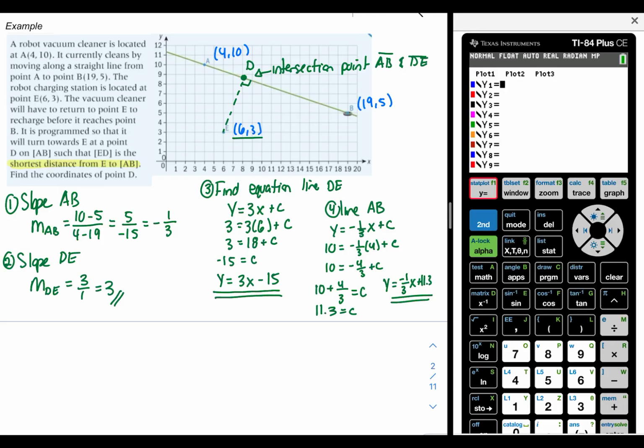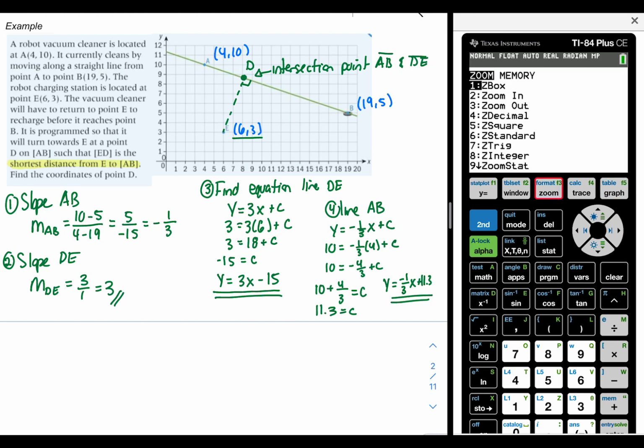So in our calculators, we're ready to put in our two functions. I'm going to go on y is equal to, I have 3x minus 15. That's the first equation. And my second equation, I can put a fraction here, negative 1 over 3 times x plus 11.33333. When I graph this, I can see the intersection point on the graph.